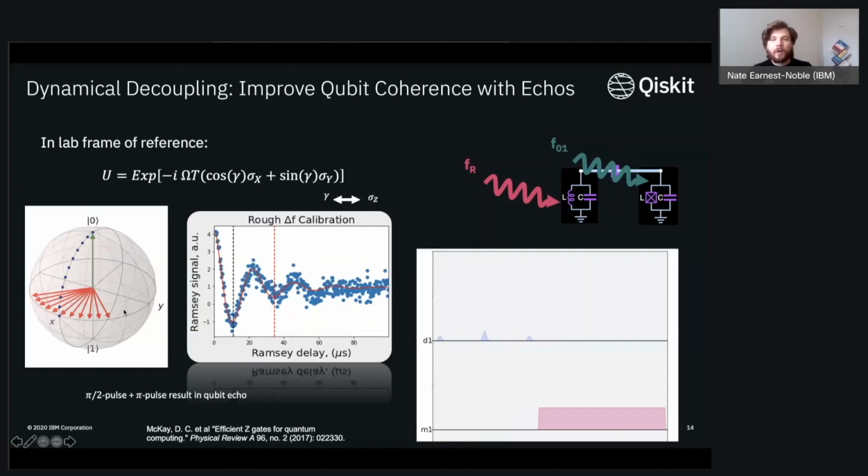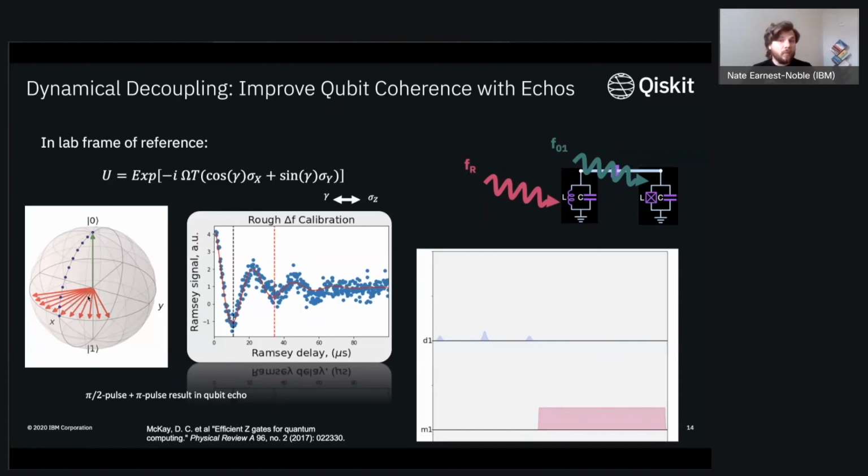The T2 echo is slightly different than the T2 I mentioned in the previous lecture, and it tends to be a bit better than the T2 star, coming from the fact that you can treat the qubit as a collection of spins, in some analogous sense, inside some magnetic field.